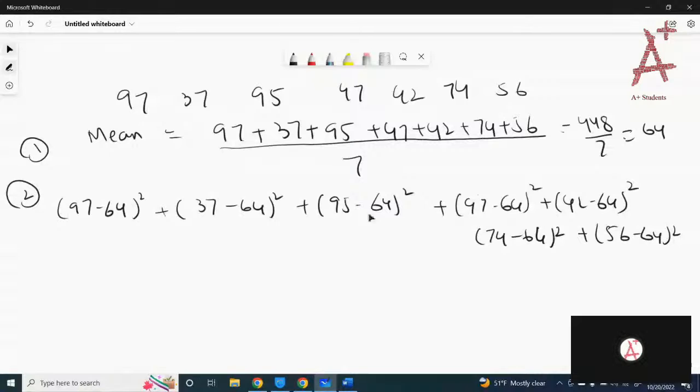97 minus 64 is 33, and 33 squared is 1089, plus 37 minus 64 is 27, and 27 squared is 729. 95 minus 64 is 31, and 31 squared is 961.